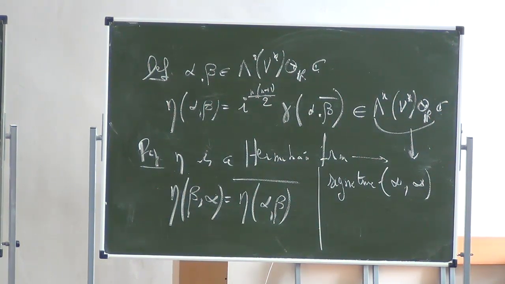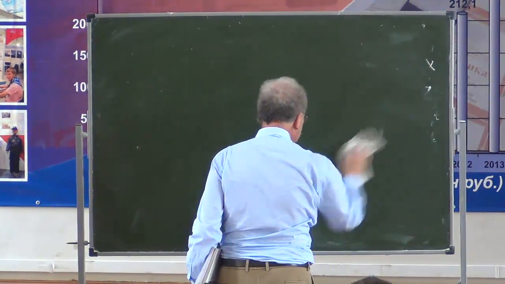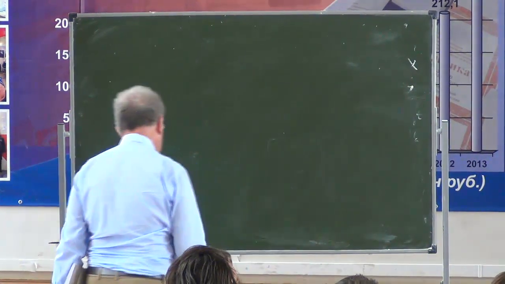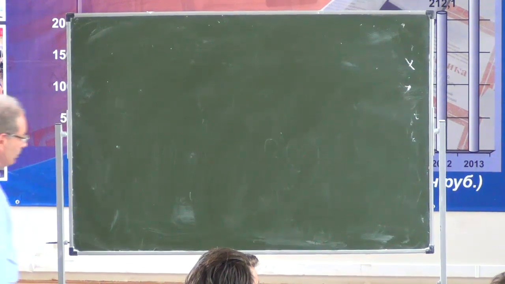And what one can check is the following thing that's very easy. So now that we have a Hermitian form, you can always define the adjoint of an operator with respect to a Hermitian form.